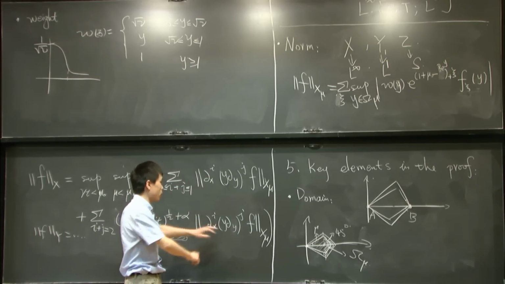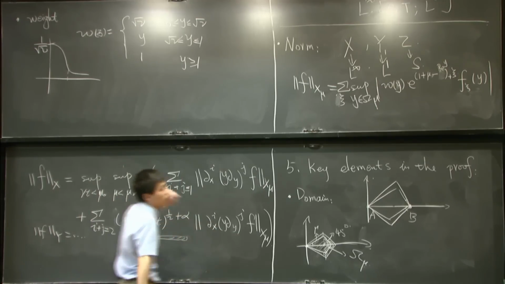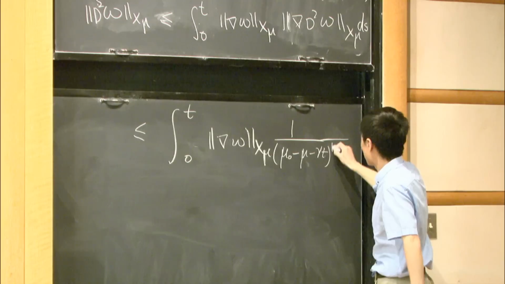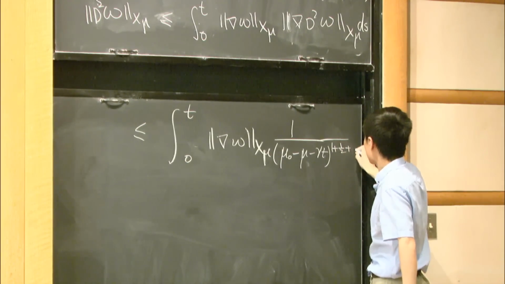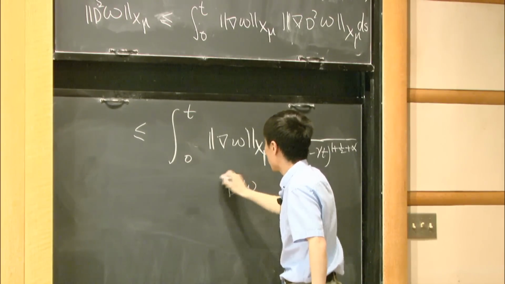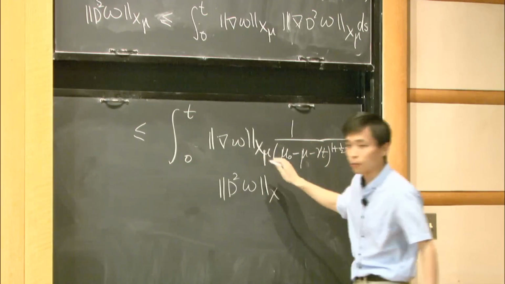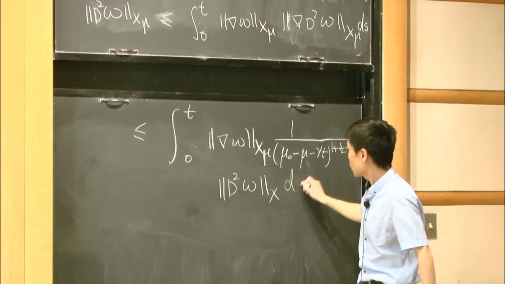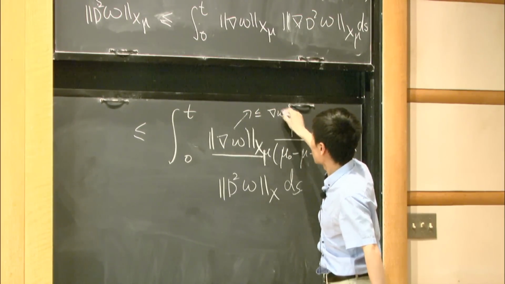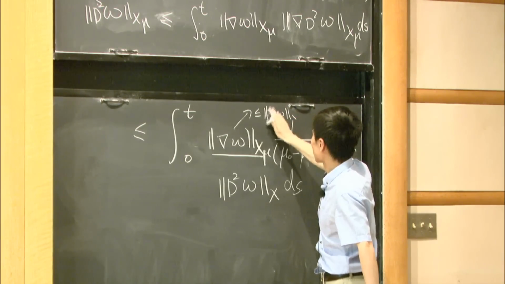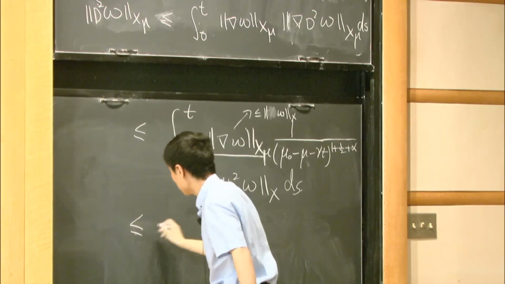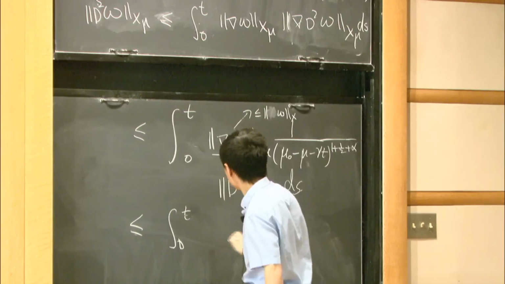If you go from the X_mu norm to the X norm, you get an actual power, 1 plus half plus alpha. Then you go to the X norm, and this is less than gradient omega in the X norm.